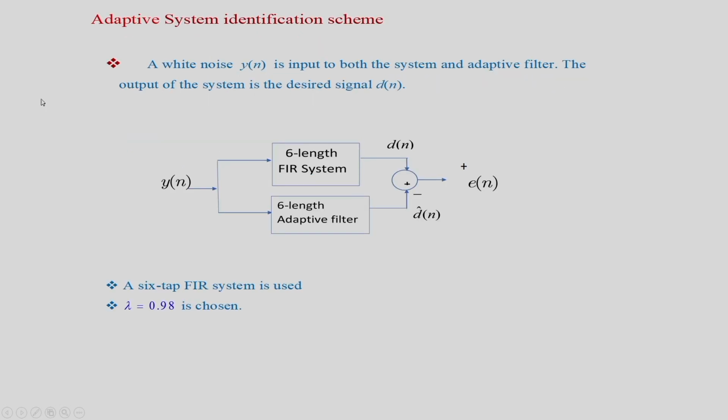So this adaptive system is like this. We have to send a broadband signal, usually a white noise signal y(n), as input to both the system and the adaptive filter. Here we consider a 6-length adaptive filter. This is the 6-length FIR system, and white noise y(n) is input to both.